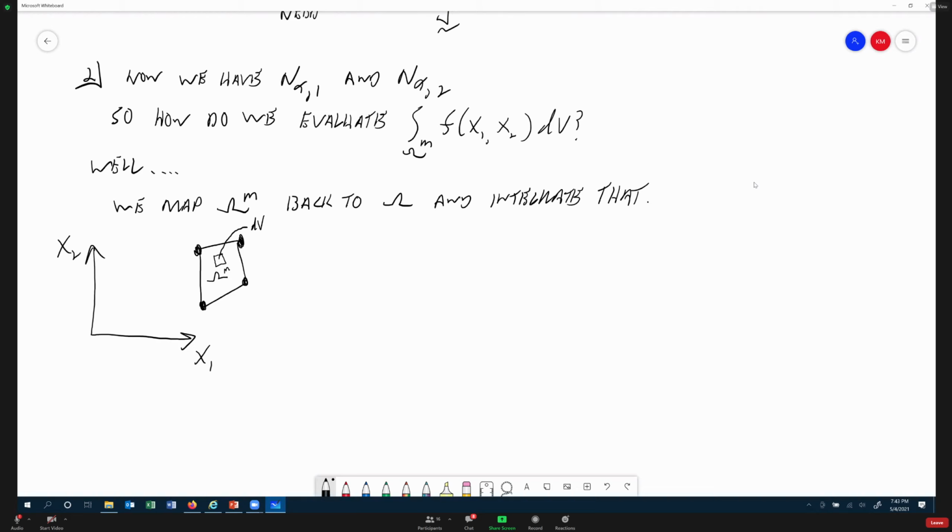So this is our element space, and we're in our deformed space. And then here's our undeformed element, and here's that same space over there.